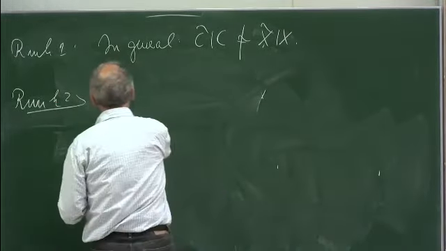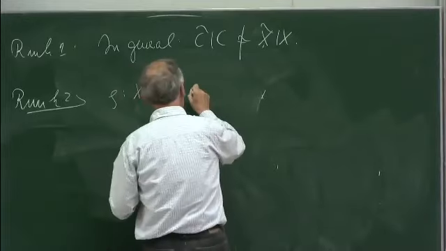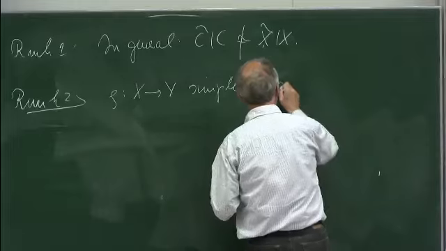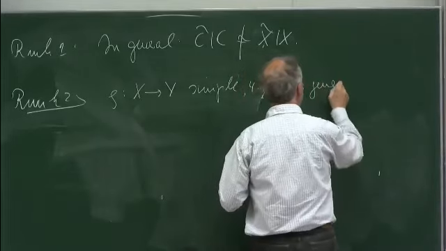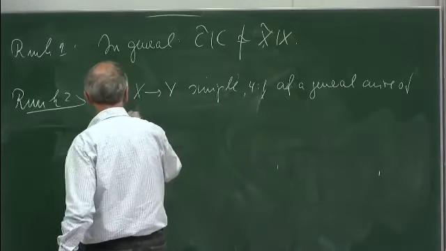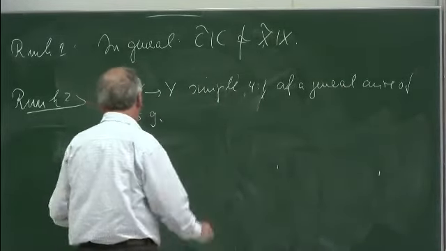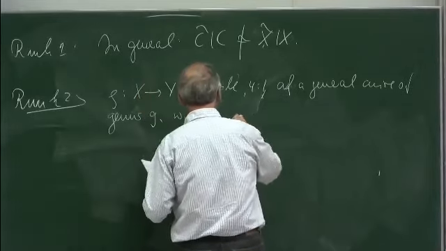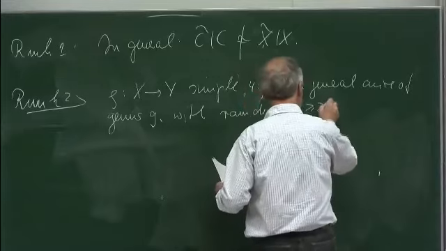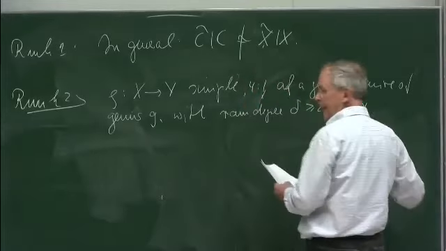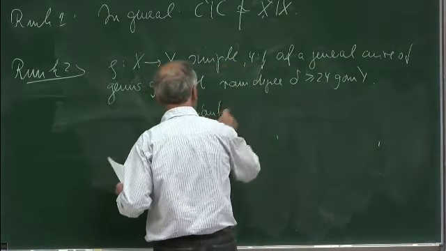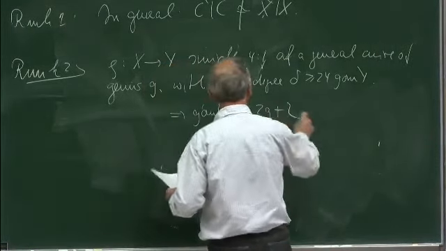So this is rho of X, Y. If this is a simply 4 to 1 covering of a general curve of genus g with ramification degree delta greater or equal to 24 times the gonality of Y, then one easily sees that the gonality of X is greater or equal to 2g plus 2.